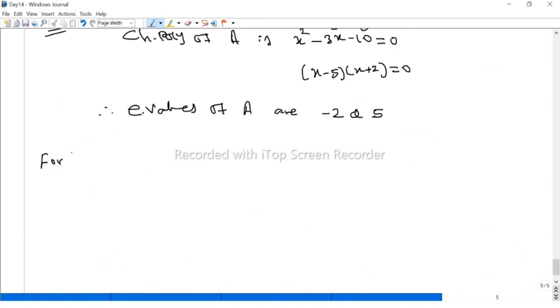For lambda equal to minus 2, the eigenvector is the solution of A minus 2I into X. Since A is a 2 by 2 matrix, X is x, y. There we take capital X. A non-zero solution of this equation is called an eigenvector.